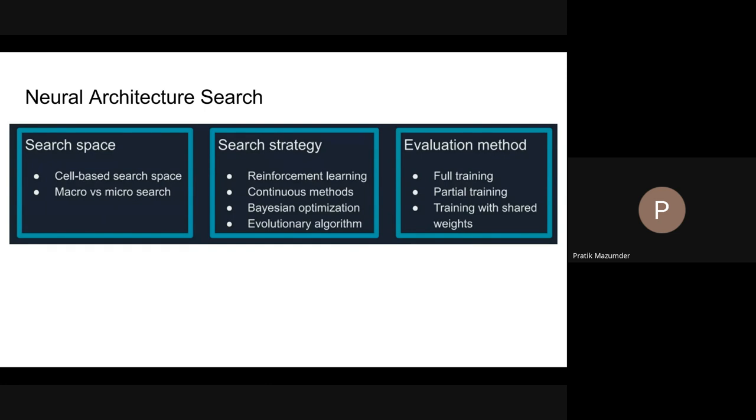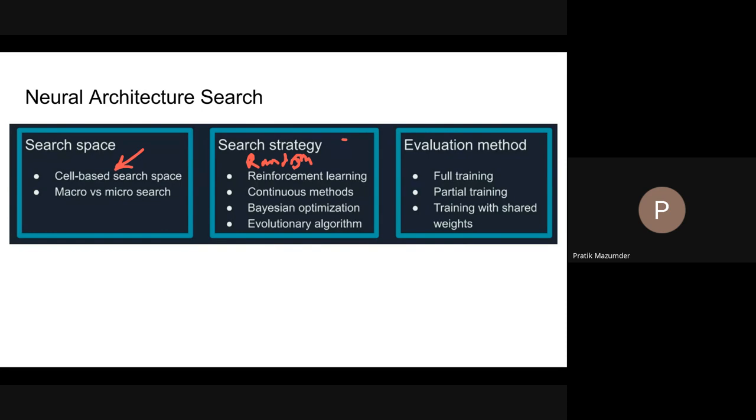You can have something called a cell-based search space. We'll maybe discuss this idea in much more detail. You will have different types of search strategy. We also have something known as a random search strategy, which basically tests different models randomly, and whichever model gives the best performance at a given time, you save that model and keep performing a random search.